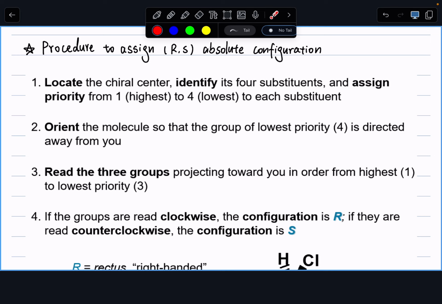And if we look at my center carbon, again, I want to organize it so that my hydrogen is pointing away from me. So in this orientation, I want it to be far away from me. And in this orientation, what do we have? Now we have a carbon, and my hydrogen is away from me.